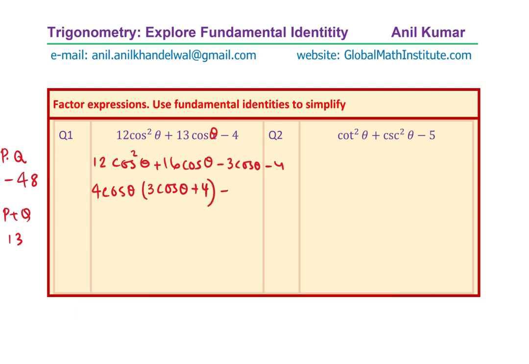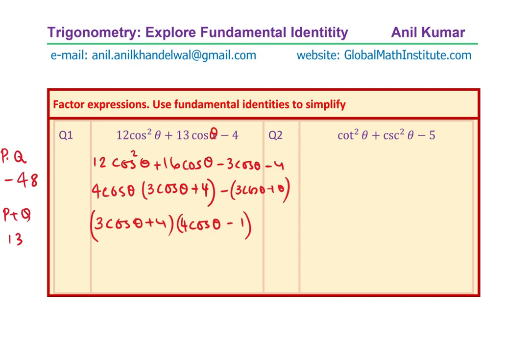And we already have 3 cos theta plus 4 in the other two terms, taking minus 1 common. So now we can factor out 3 cos theta plus 4, and we get 4 cos theta minus 1 as the other factor. This is kind of important since it could be part of solving an equation. I could always say this is equal to 0 and find your solutions. You get the idea.